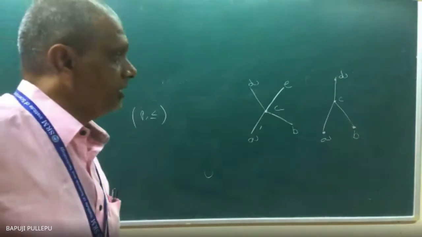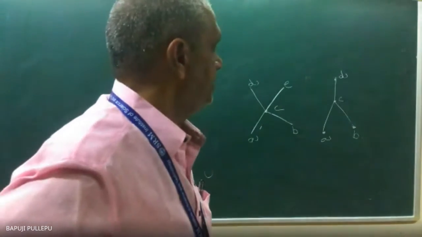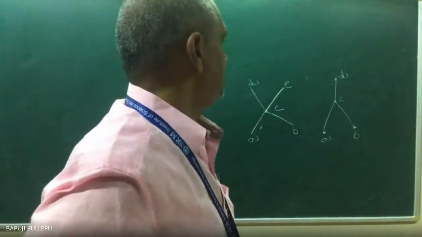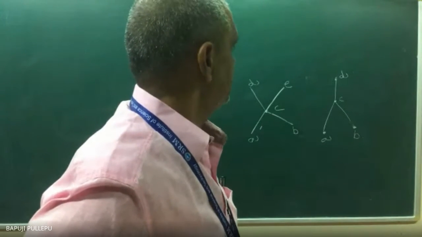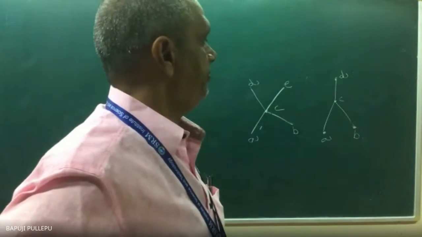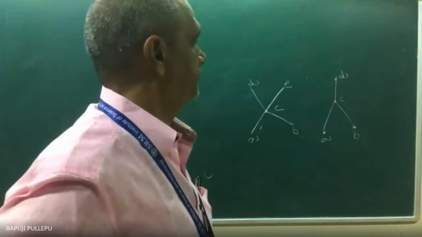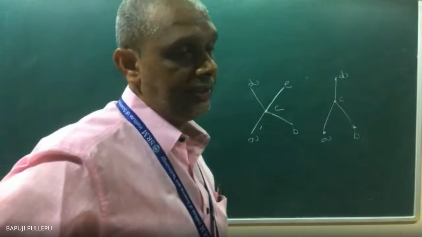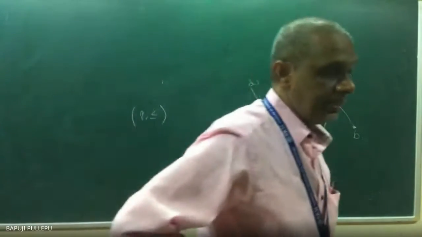Now, your relation, how can you say? AC is there, AD is there, CD is there. Similarly, BC, CD. AD is not there, then BD also there. So now I can say which is the minimal element, which is the maximal element. Tell me.